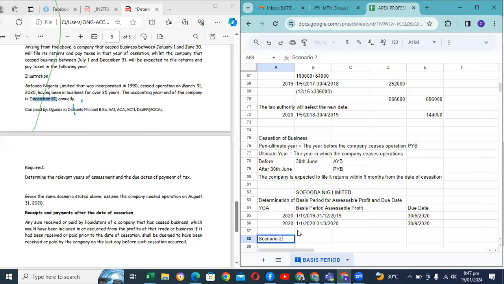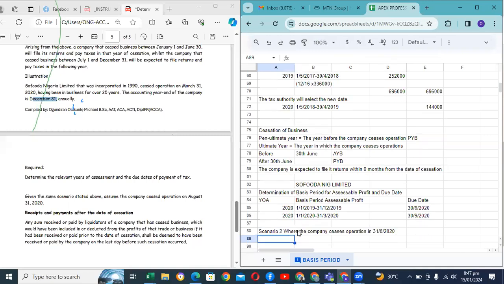You said that if the company ceases operation before 30th of June, it's going to be actual year basis.